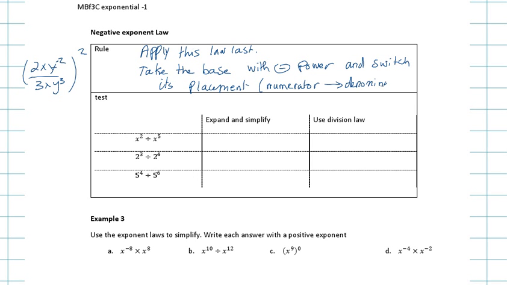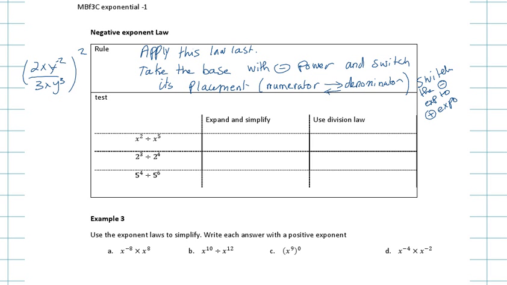And vice versa. If it's in the denominator with a negative exponent, you bring it out to the numerator. And when you do that, you switch the negative exponent to a positive exponent.